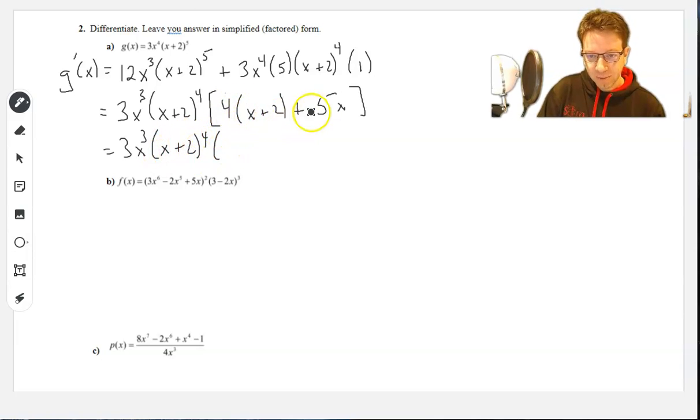And this is 4x plus 5x, which is 9x, and plus 8.